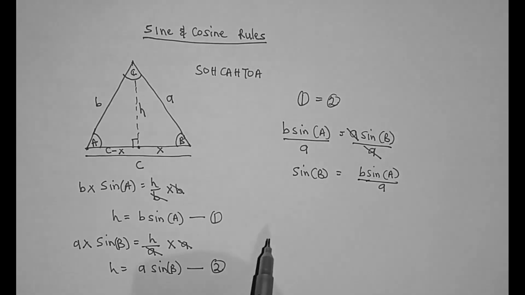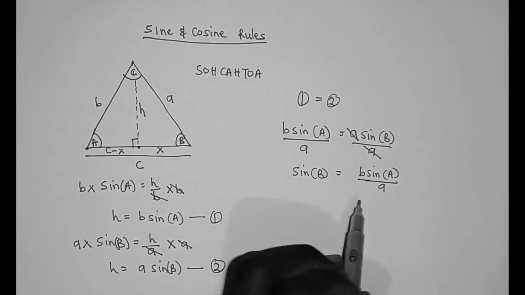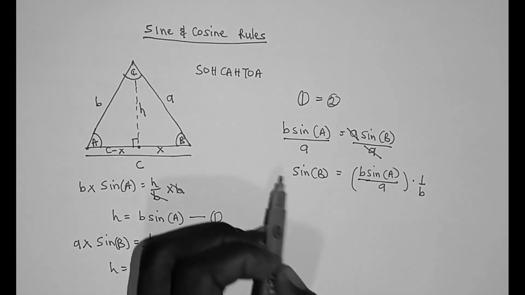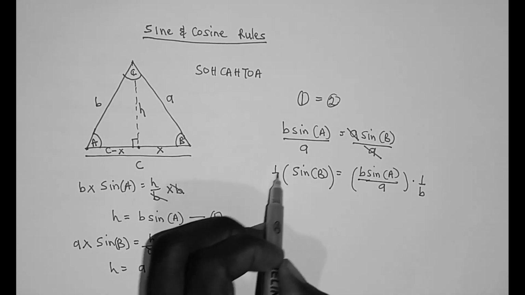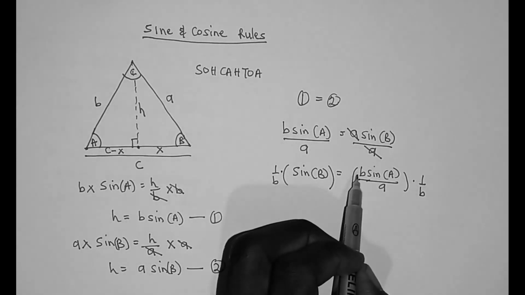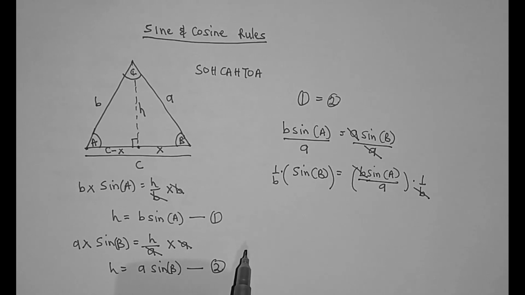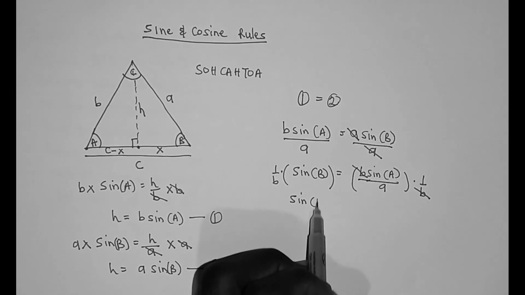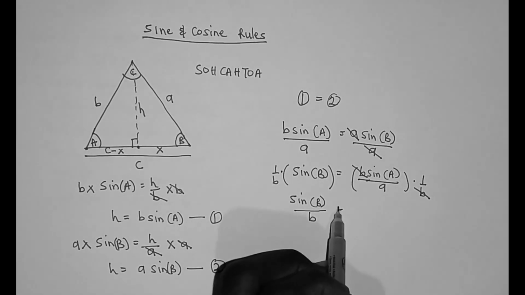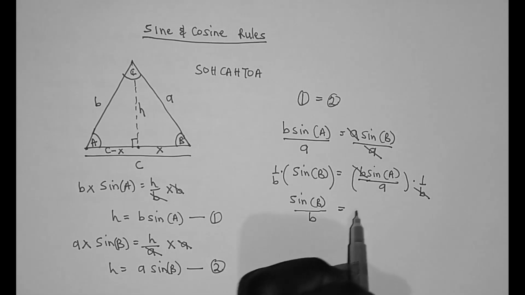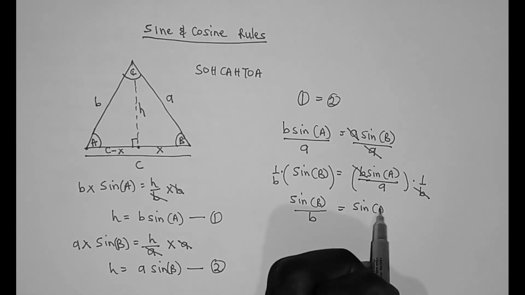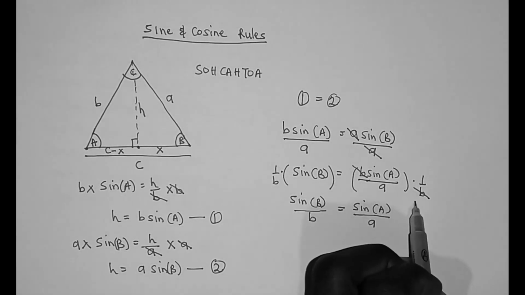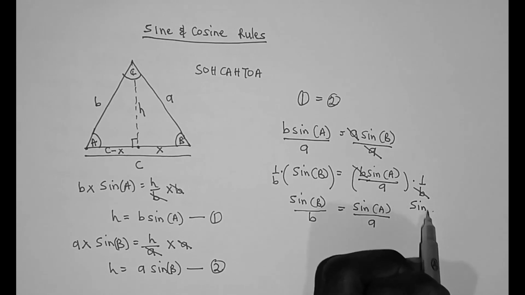Having gotten this, let's then multiply both sides by 1 over b, so that this b and this b cancel out. So 1 over b times sine B is the same as sine B over b, which is equal to sine A over a. So this is what is known as the sine rule.